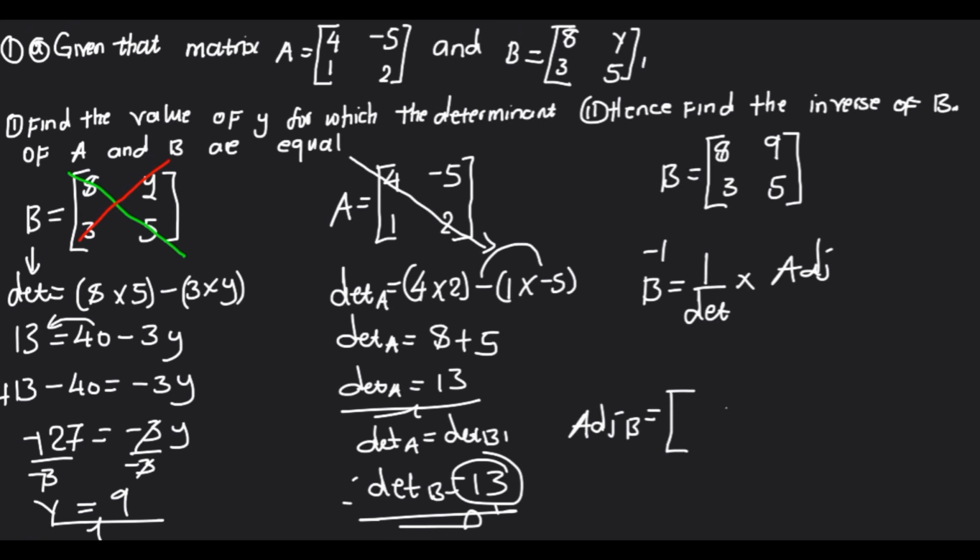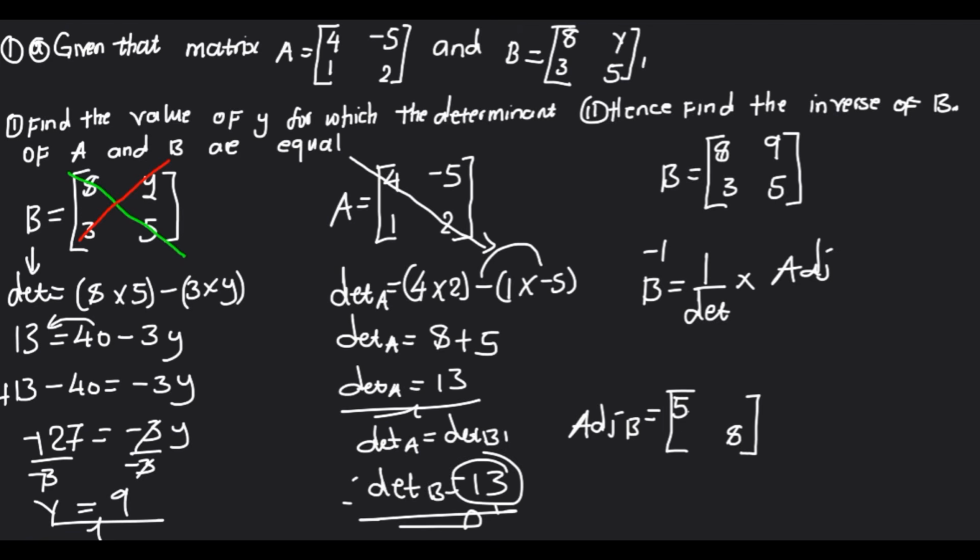For you to find the adjoint of a given matrix, for the major diagonal, you just interchange the position of elements. So 8 and 5 will swap each other. So our 5 will be written here, then our 8 will go here. Then for the minor diagonal, you don't swap the numbers, but you change the signs.